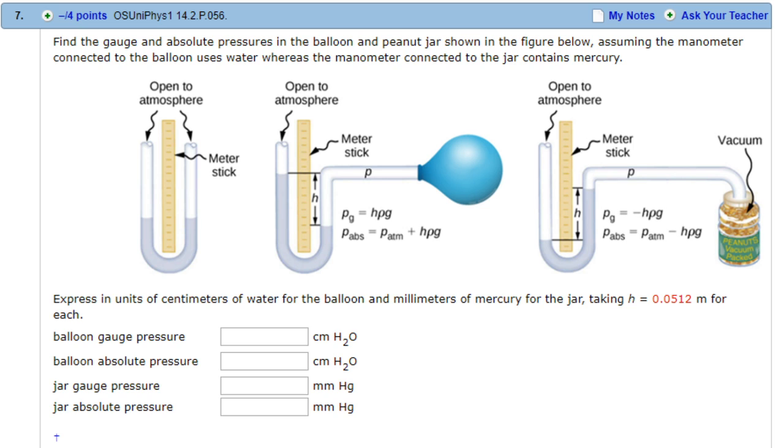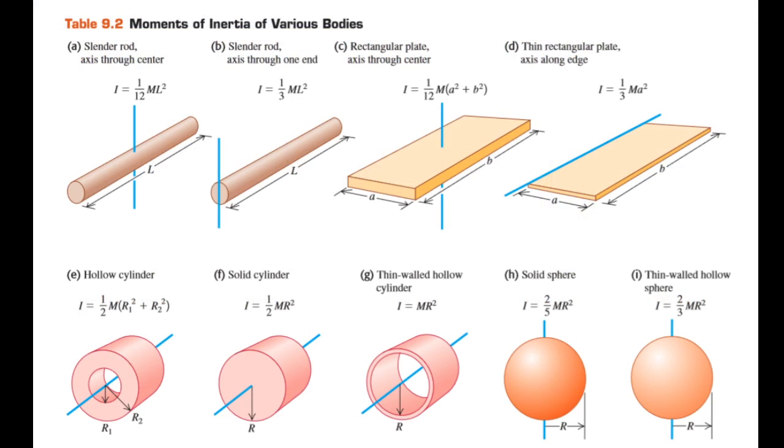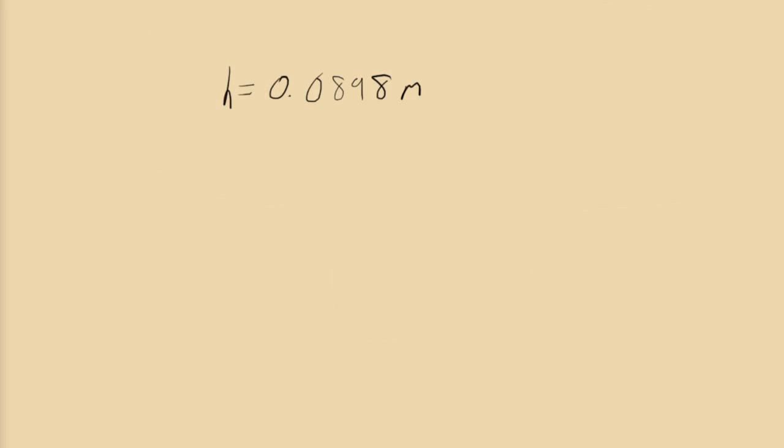So we would want to convert for the first one into centimeters and millimeters for the other. And then after that, all we'll need to do to get the absolute pressure is add in the atmospheric pressure to the problem. So that's not the right page.